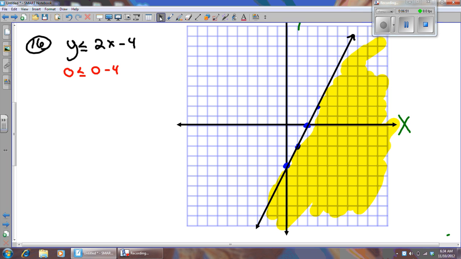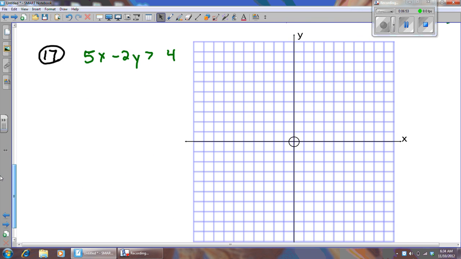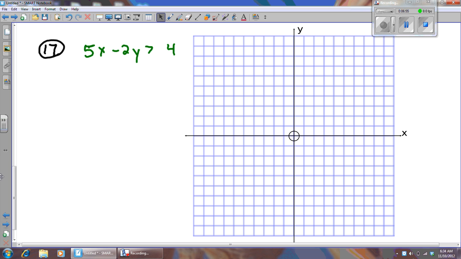Okay, one more problem, and then this video is concluded. I've got standard form here. I'm going to find my slope, negative a over b, which is 5 over 2, and my y-intercept.